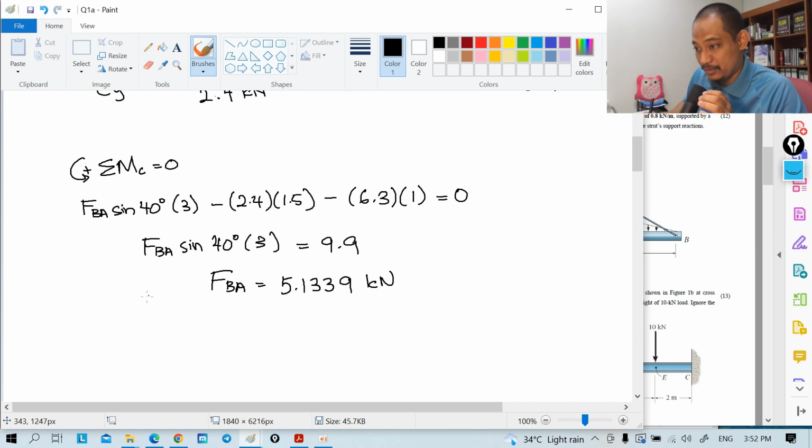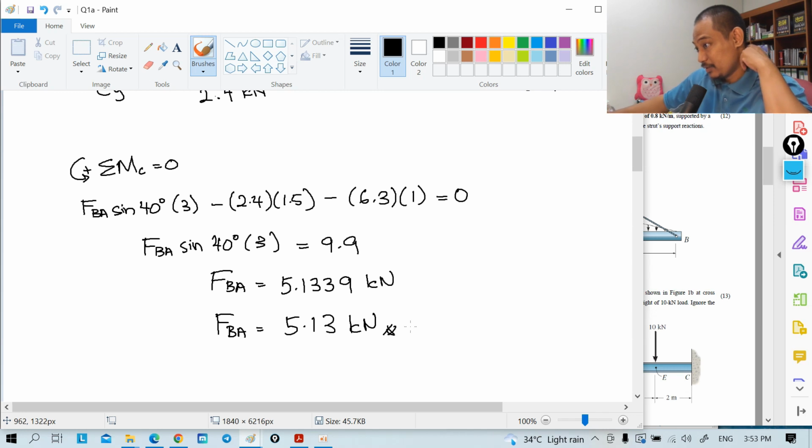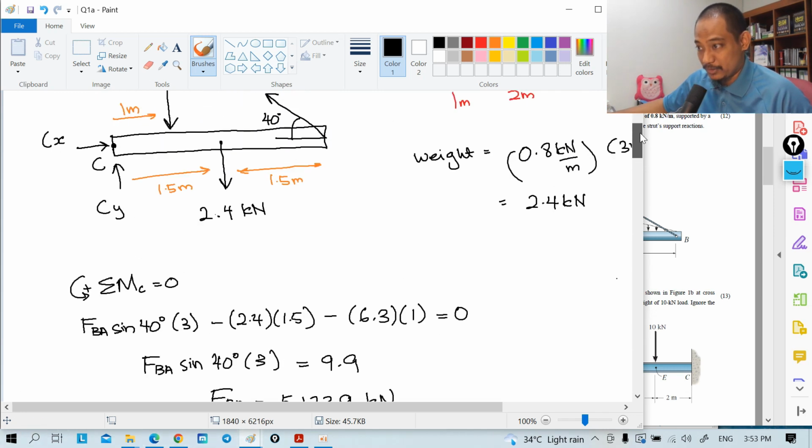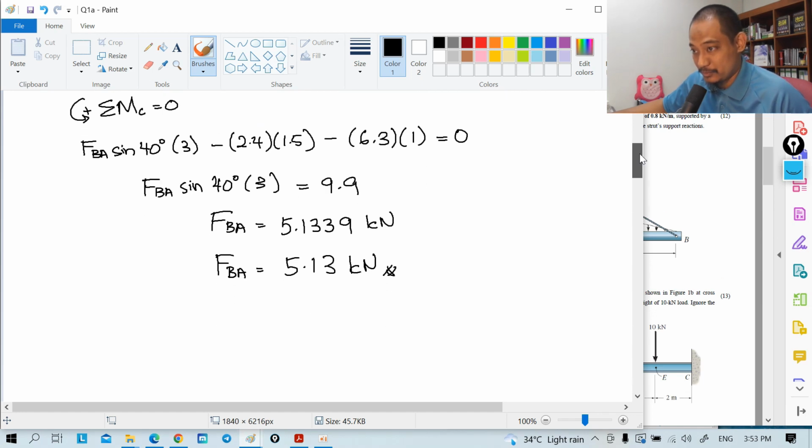But as the final answer, it is 5.13 kilonewton, as a 3 significant figure, right? But we will use the more accurate number for calculation. Okay, so that's number one.